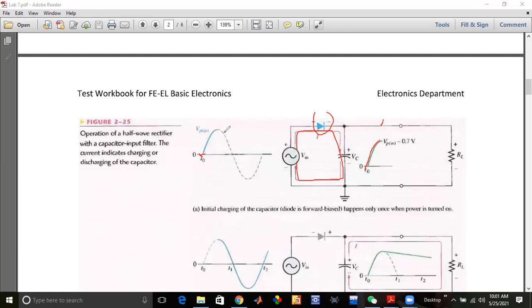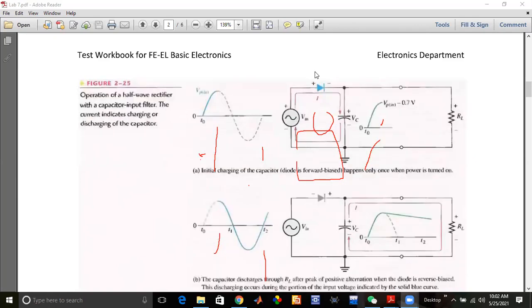In this portion of the circuit, the waveform starts from here to here. In this portion, the value of the input becomes smaller as compared to this. So in this portion, the capacitor will be discharged.